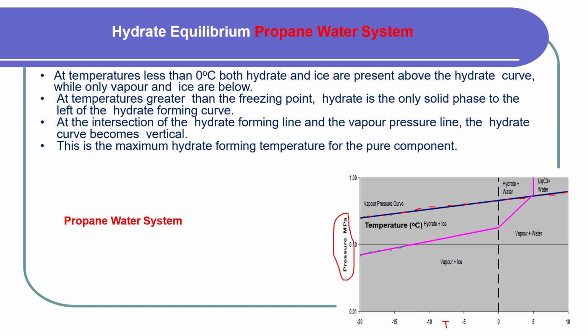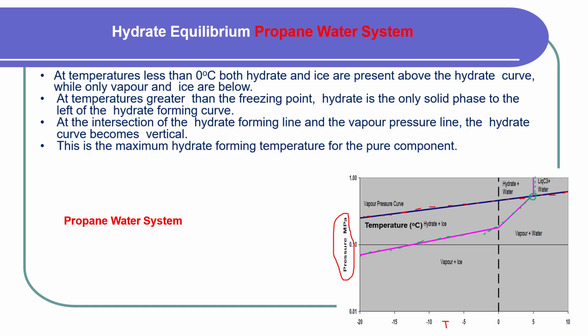This is the hydrate formation curve, and as you can see here, once the hydrate formation curve touches or hits the vapor pressure curve, it goes vertically, and this is a well-known phenomenon in most hydrate formation equilibrium curves.